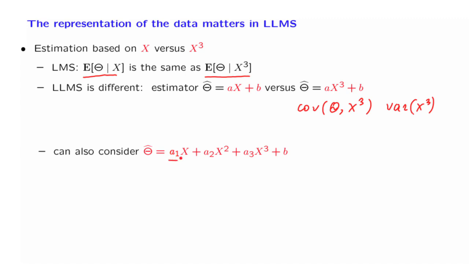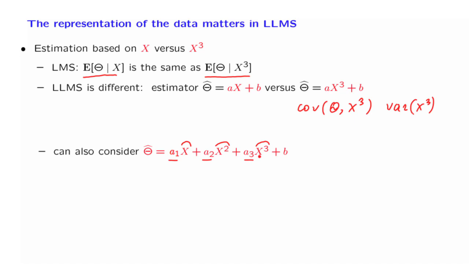It's the linearity in these coefficients that's important rather than the linearity in the x's. So as a function of x, this is nonlinear. On the other hand, we can think of this x as one observation, x squared as another observation, x cubed as a third observation, and what we got here is a linear function of three different observations.